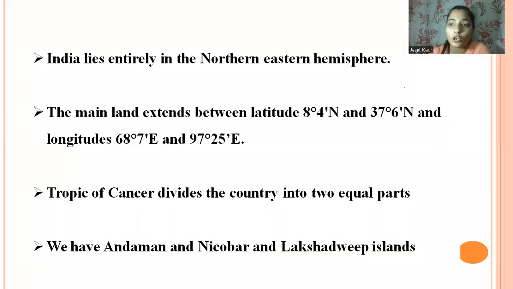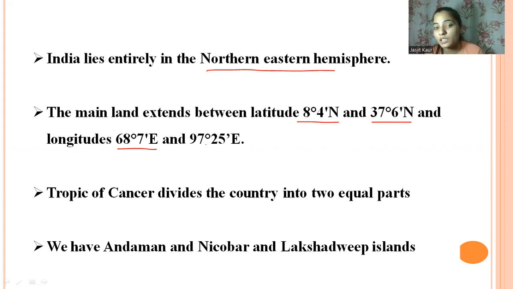So now let's talk about the other features of India also. India lies entirely in the northeastern hemisphere that we have already discussed in the last slide. You have to remember the location of India, and the mainland extends between the latitude of 8°4' north to 37°6' north, and the longitudinal extent is 68°7' east to 97°25' east.